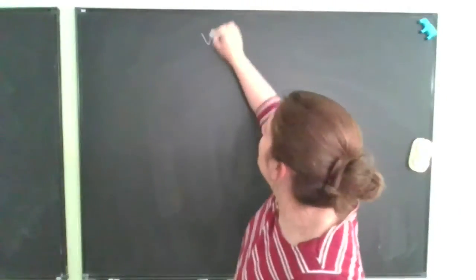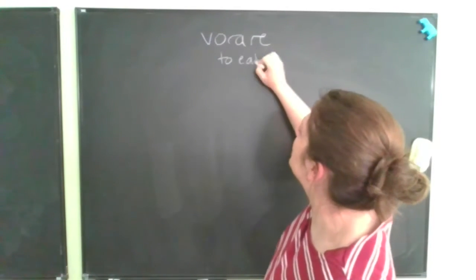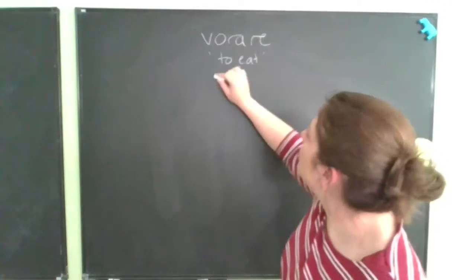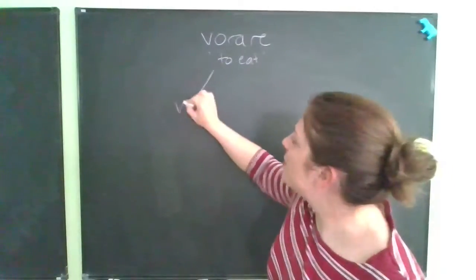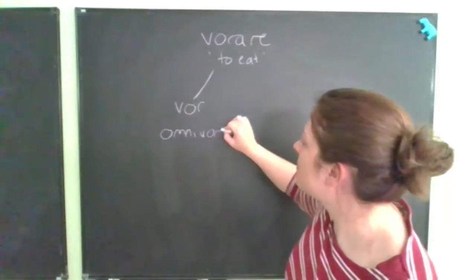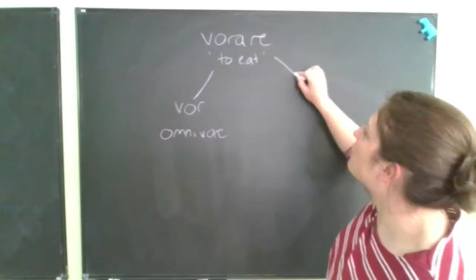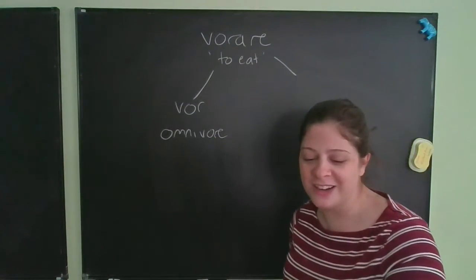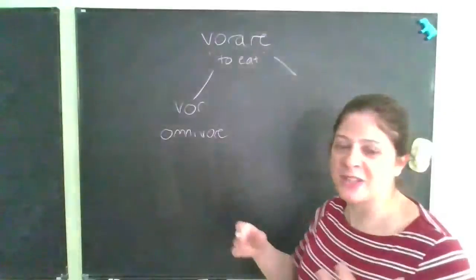So we have this Latin verb "vorare," meaning to eat, right? And from it, we take off that verbal ending and we use it as "vor," and we get words like omnivore. Pretty simple. But the Romans took that root "vor" and they made an adjective out of it, meaning eating, something like that.